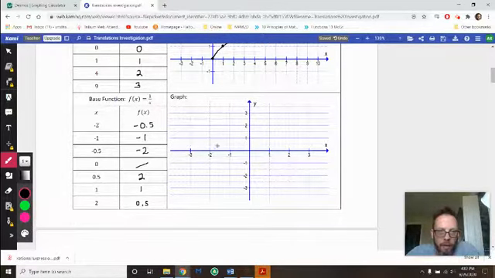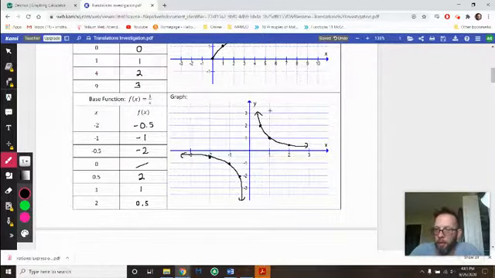And what does this graph look like? We've seen it before: -2, -0.5, -1, -1, -0.5, -2. This graph looks like this down here. And then 0.5, 2, 1, 1, and 2, 0.5, and this graph looks something like this up here.